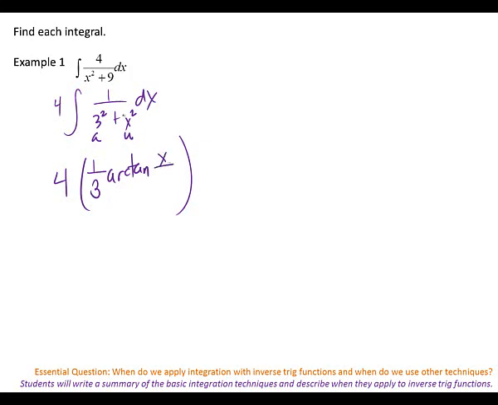X. Not x squared, just x. Because look at the formula. It says it's u squared. So the u value is just the x. And then over the a, what's the a again? 3 plus c. The only thing you could possibly do to simplify that is multiply 4/3 arctangent of x over 3 plus c. So both of these are good answers.